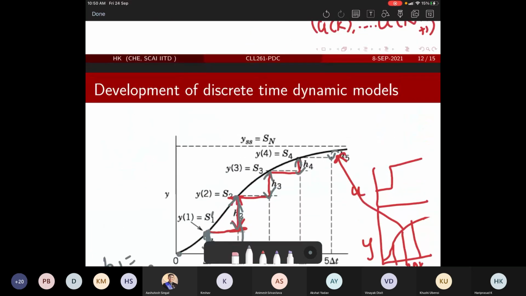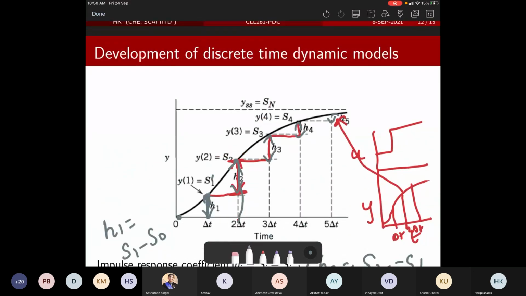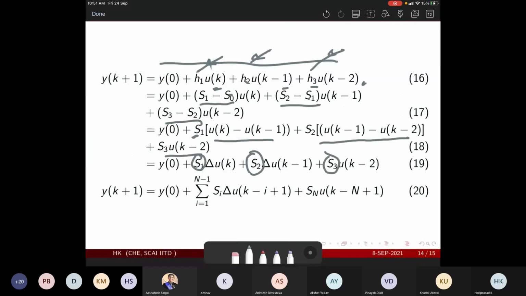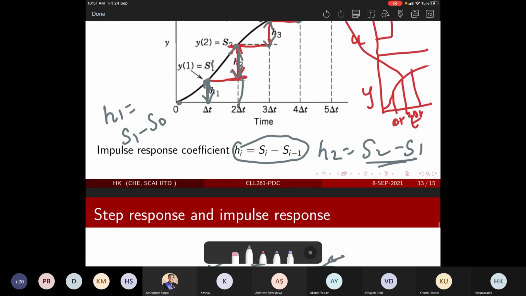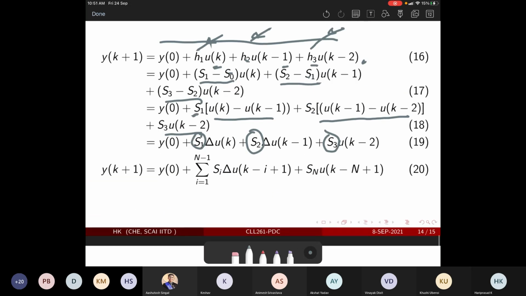So essentially you can write these models as impulse response models and also step response models. I would say equivalent. I will not say same because your model would be slightly different. The impulse response model has a coefficient h, while the step response model has a coefficient s, because both of them are related. How?